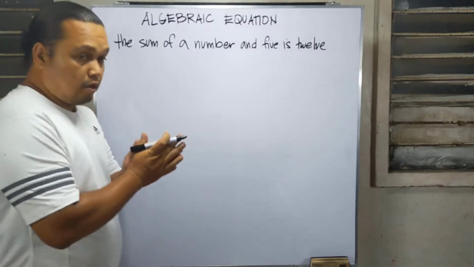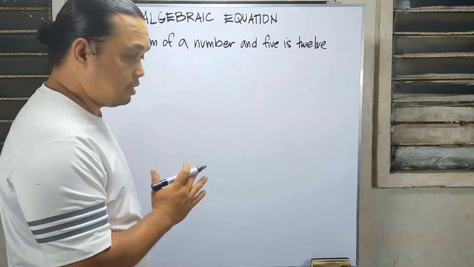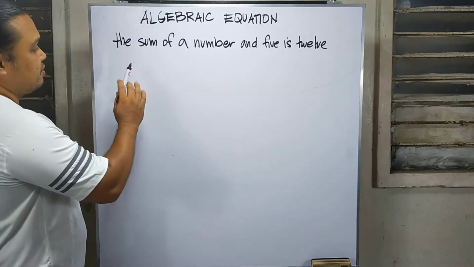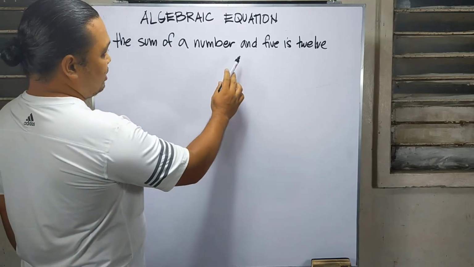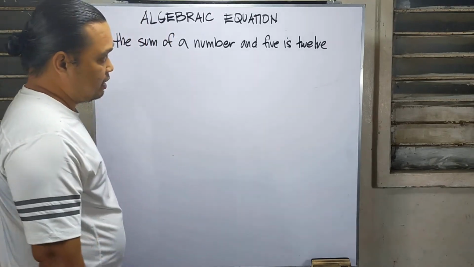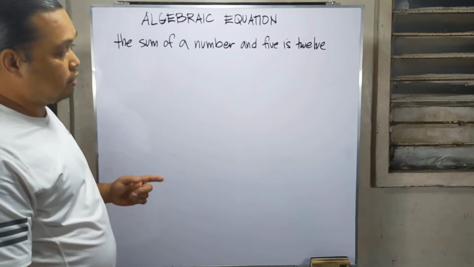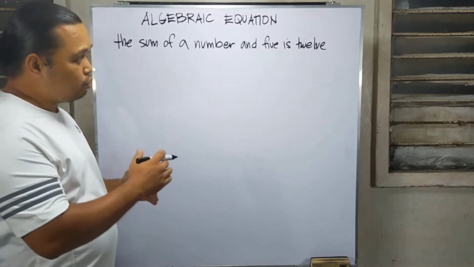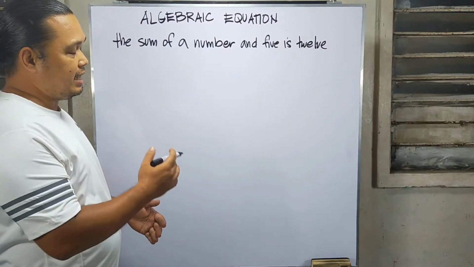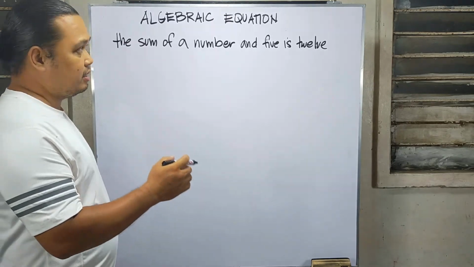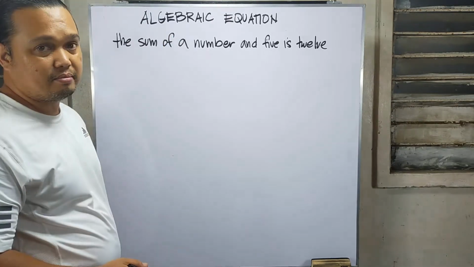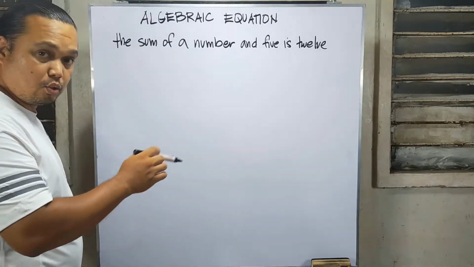For our first example, we read: the sum of a number and 5 is 12. Now, this is a word phrase. We are going to translate it into an algebraic equation. Now, let's do this one by one.